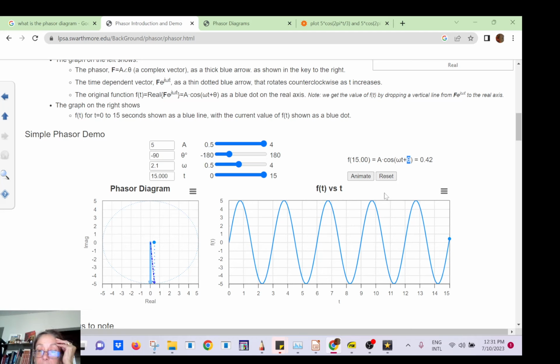When t equals 0, you have cosine of minus 90 degrees, which is 0. So when you start your stopwatch, the amplitude equals 0, and then it's going up. So everything is shifted to the right. I hope it's clear.